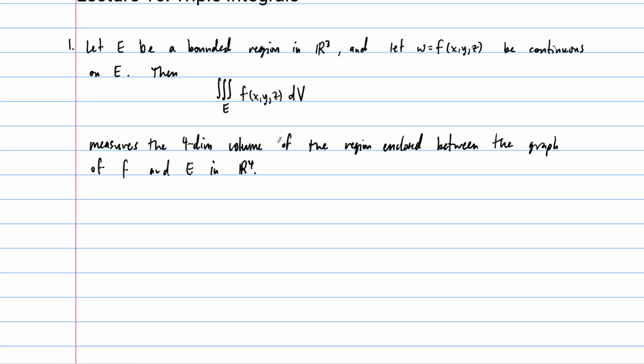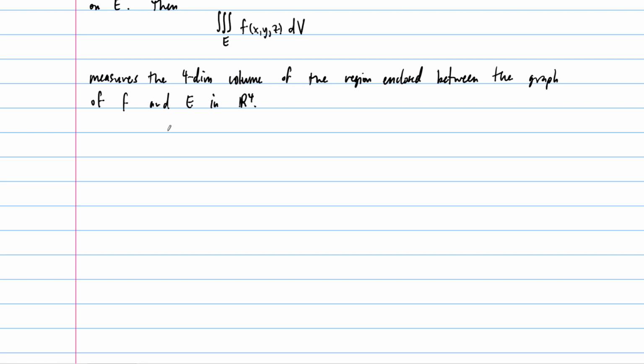Again, this is not easy to envision because it's in four-dimensional space. But otherwise, the geometry is exactly the same. We can compute this as a Riemann sum. We can write this out as an iterated integral if our region is a rectangular prism, like a box.